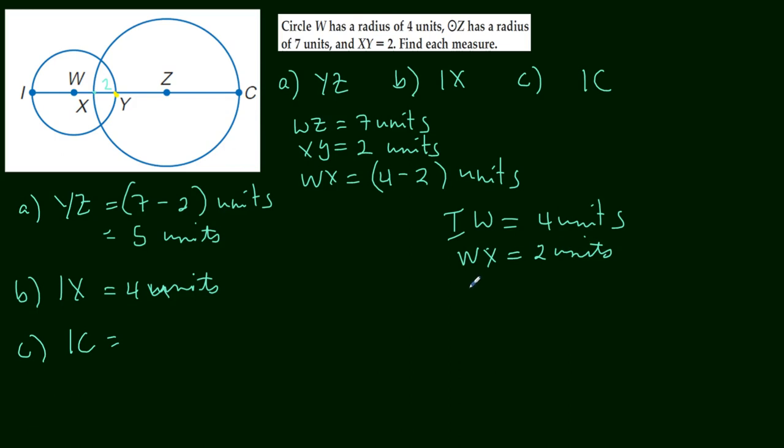And then we have X zeta, that is 7 units. And then zeta C, or C zeta, we have 7 units.